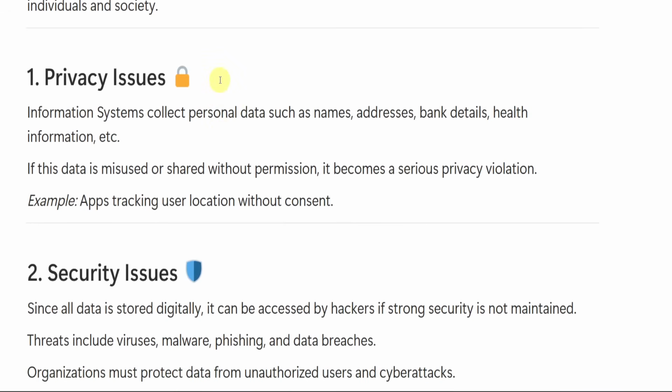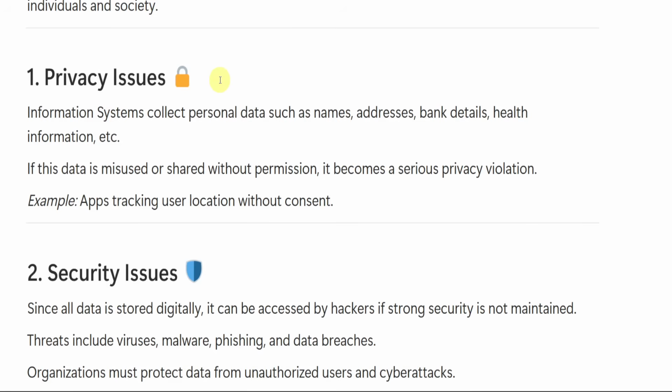Students, this is the biggest problem with information systems, because they collect personal data like name, phone number, address, bank details, health details, also location. If this data is used without permission, it becomes a privacy problem, right? People lose control over their personal information.